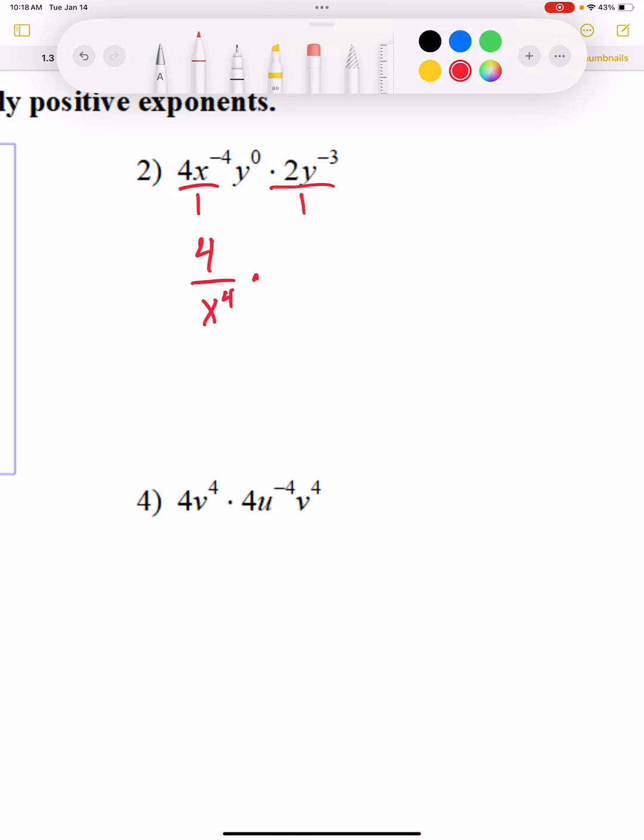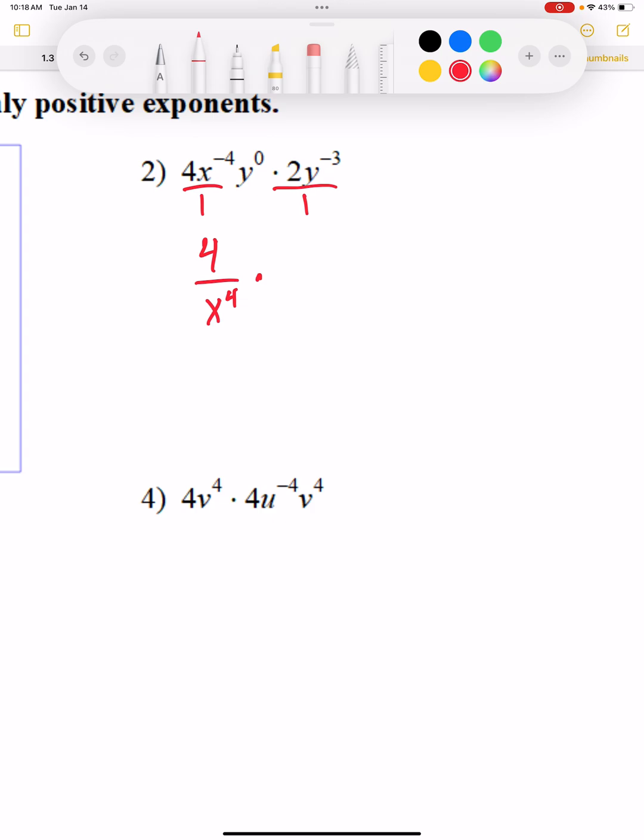Anything to the 0 power is just 1. So I'm just going to say times 1 times 2 over y to the 3rd. Anything times 1 is still itself, so I don't really need this 1 when I'm multiplying. I don't want you to think it's magic.